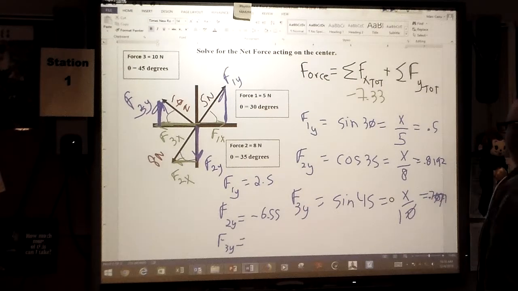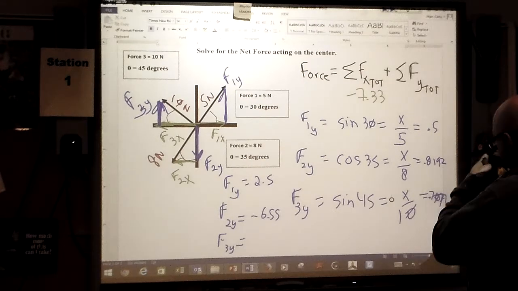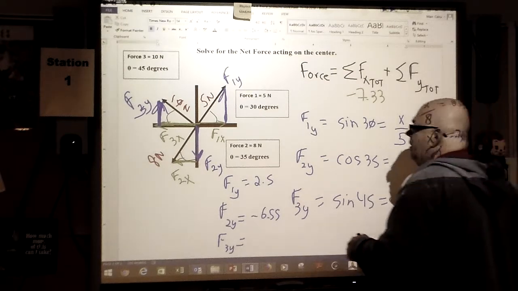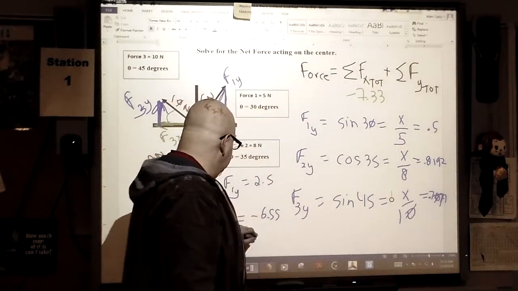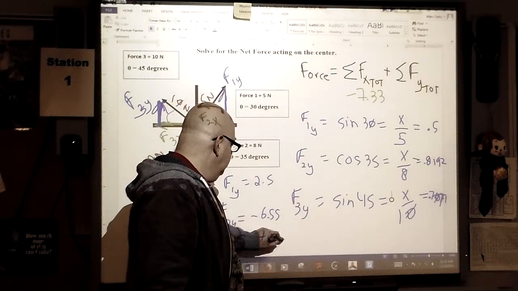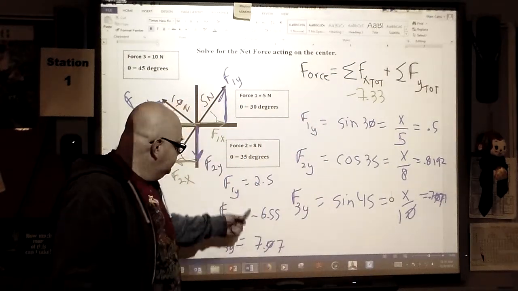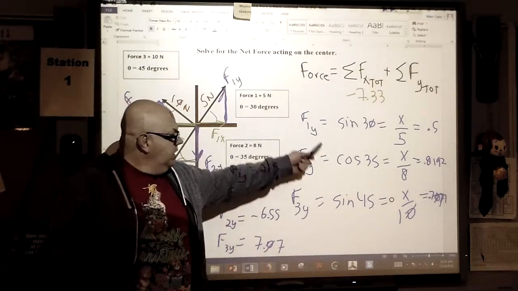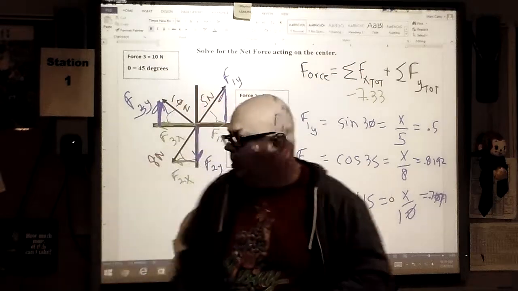So 10 times 0.7071 is going to give us 7.07. And in this case, it's a positive, so 7.07. So these are our y components of our three forces that you can see here. Okay?